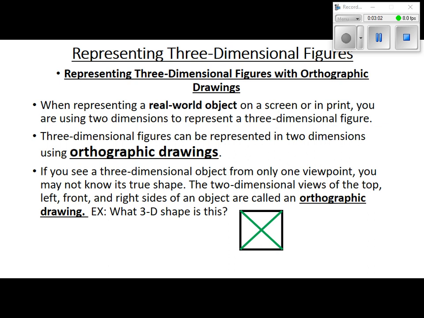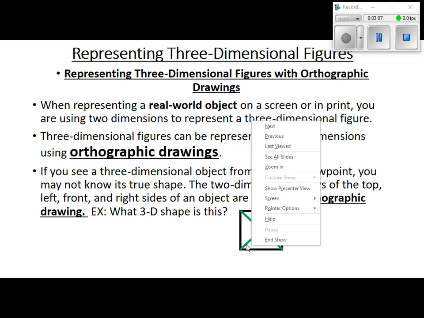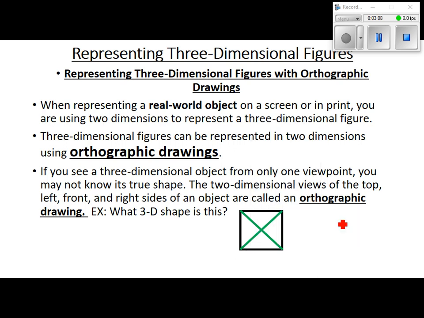So we look at this one. If I look at this shape that I have right here, I want to know what shape that is. And this is the top view. So if I'm looking down at something and I see that, what I'm actually looking at is a pyramid.